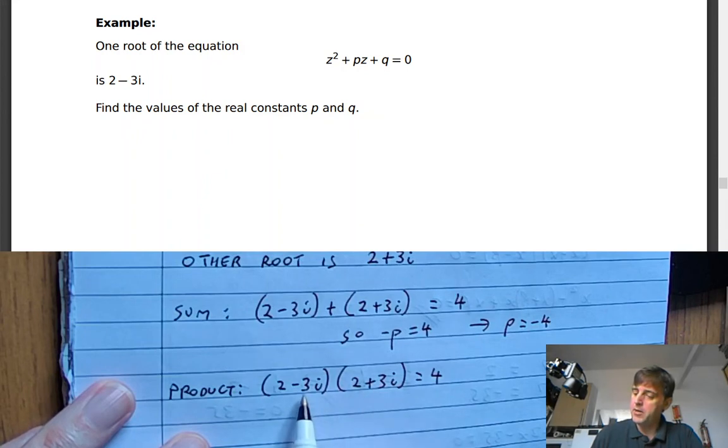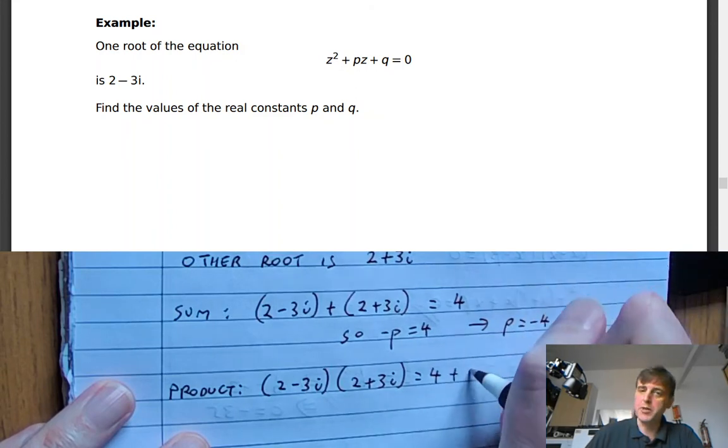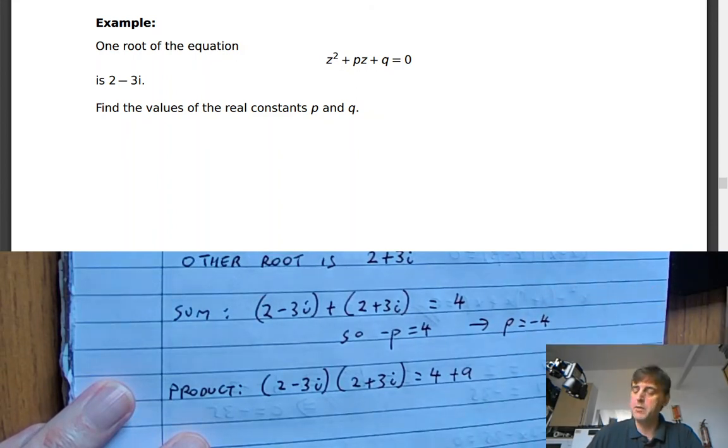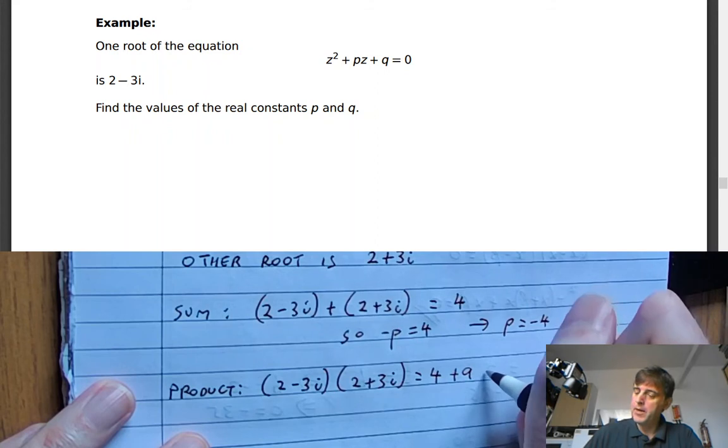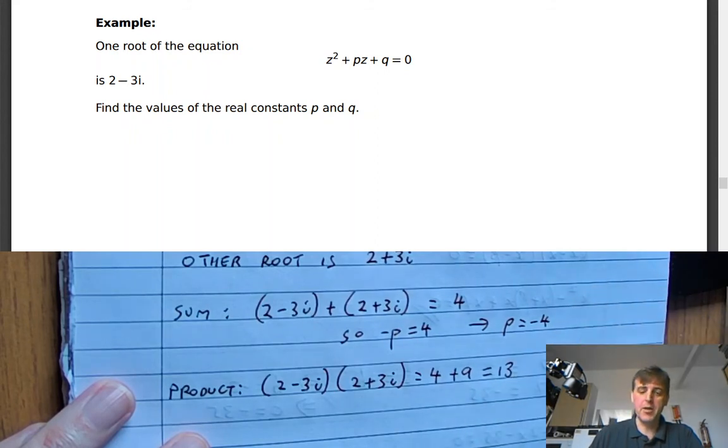And instead we end up with the last term, which is minus 3i times 3i, minus 9i squared, which I can write as plus 9, because of course i squared is minus 1. That all becomes 13, so our product there becomes 13. And so that must mean that the q in our equation is just 13.